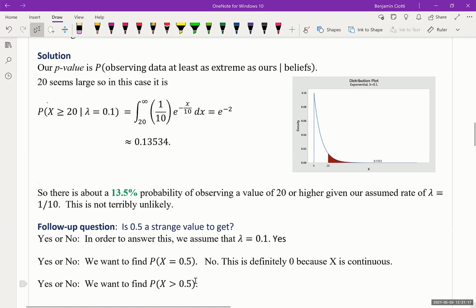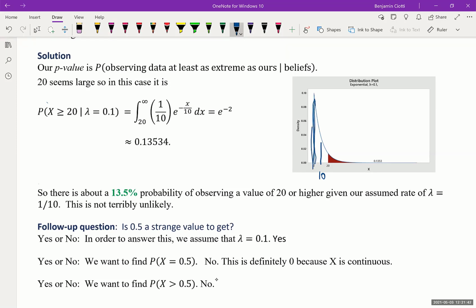So the reason that this one is no is the same reason we went to the right of 20 before, and 20 was to the right of 10. Well, remember, a typical value in this distribution is 10. That's the mean. 0.5 is now to the left.